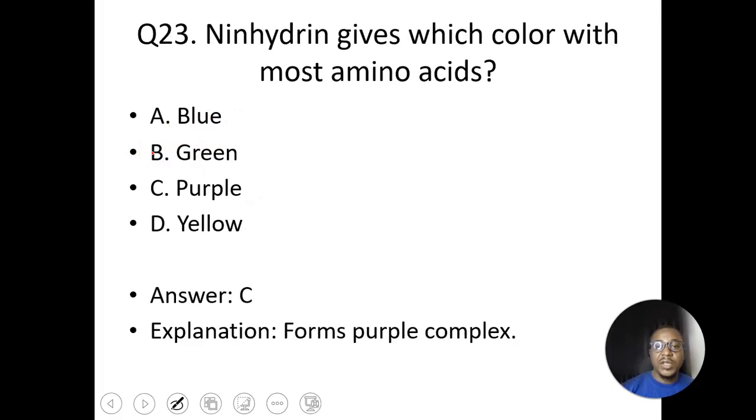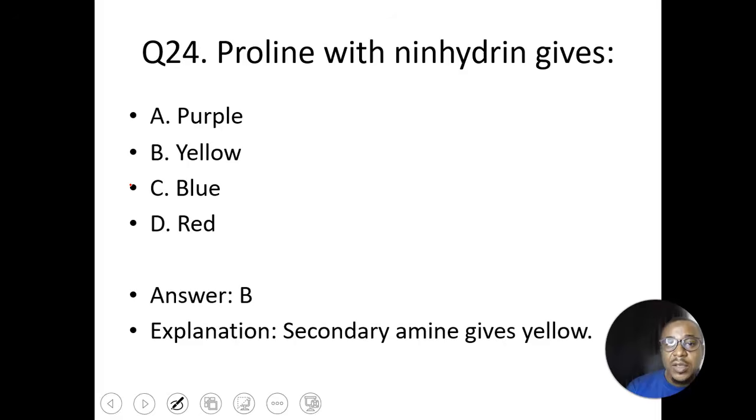Ninhydrin gives a purple color with most amino acids, but with amino acids like proline it gives a yellow color. With proline, ninhydrin gives a yellow color.